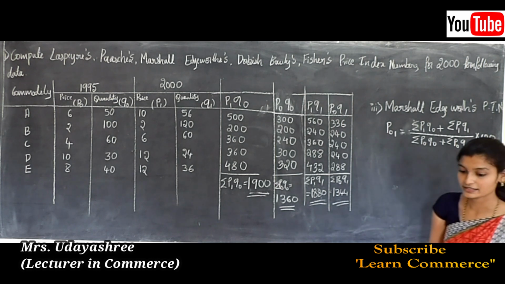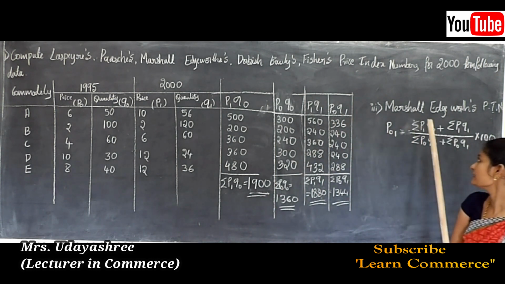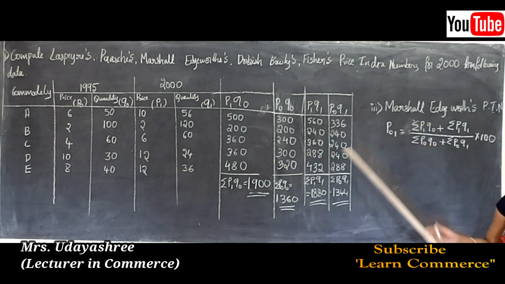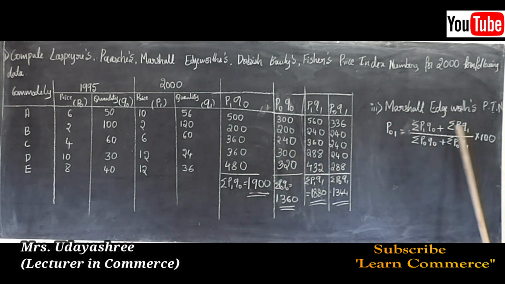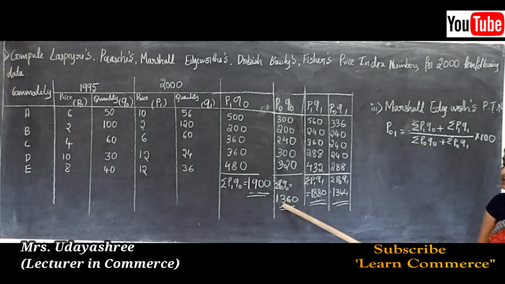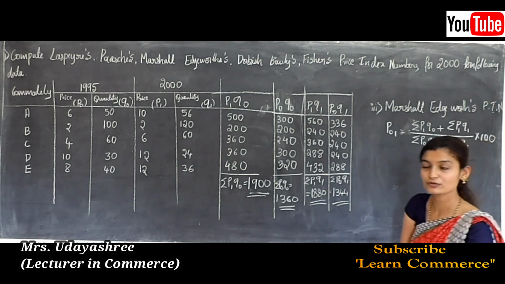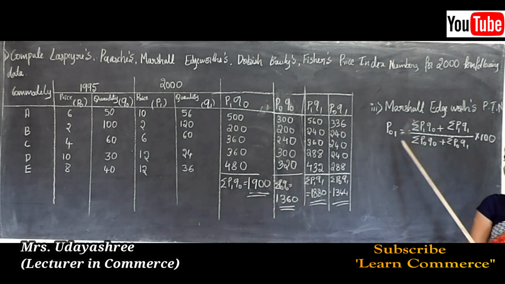See, we already calculated sum of P1 Q0, that is 1900, and sum of P1 Q1, that is 1880, then sum of P0 Q0, that is 1360, then summation P0 Q1, that is 1344. Now substitute all the values in the formula.